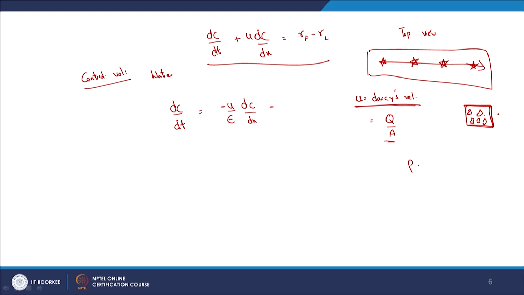That was rho b v times dq by dt, and rho times volume will be cancelled out by porosity, so minus rho b by epsilon times dq by dt. Minus, what else do we have here, k times c. How is the compound being lost? It is being lost by some microbial activity in the groundwater. So, I have minus k c here.